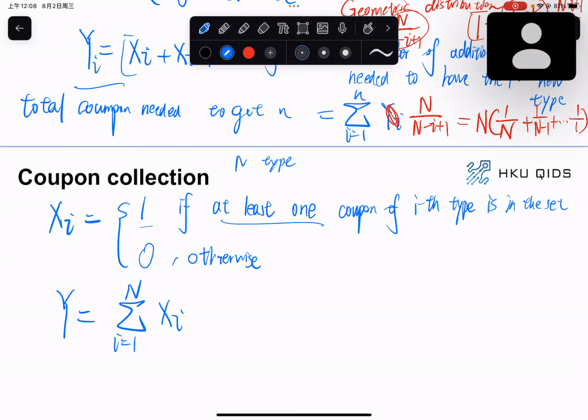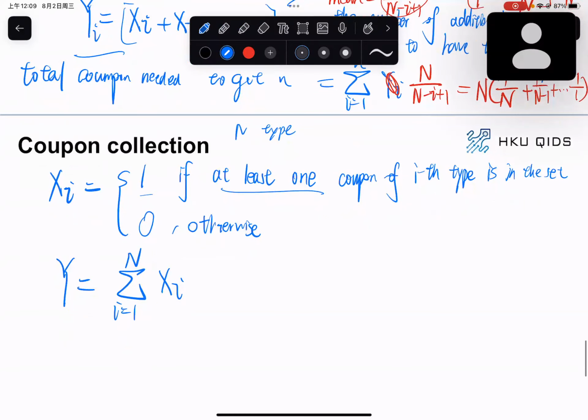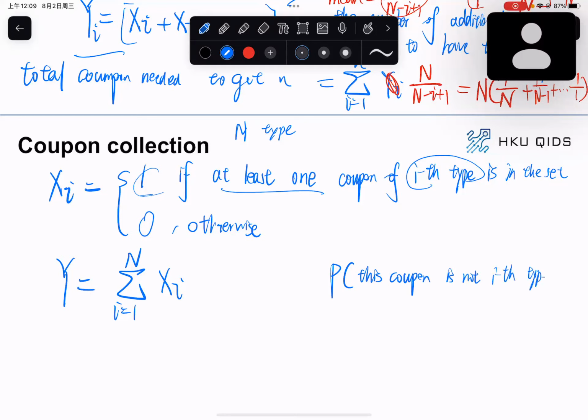And then for each collected coupon, the probability that it is not the ith coupon type is (n minus 1) over n. So there are in total n types, and we are calculating just one type of that, the ith type, right? So the probability that this coupon is not the ith type is (n minus 1) over n.